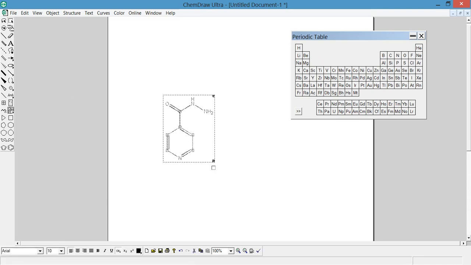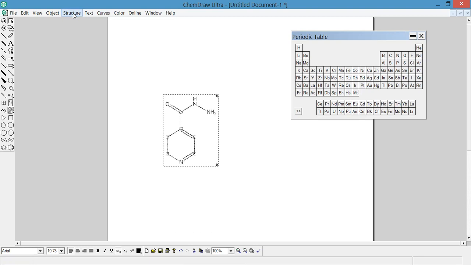This is the structure of isoniazid. Now select the structure of isoniazid first. This software has a function that you can convert the structure into an IUPAC name, and by using the IUPAC name you can draw the structure of that compound. First select this compound, and we will convert this structure to get the IUPAC nomenclature.